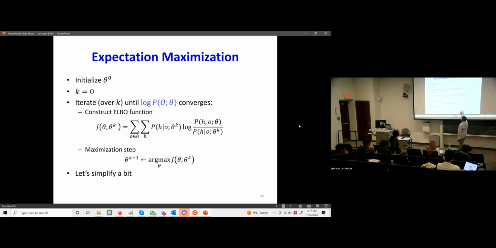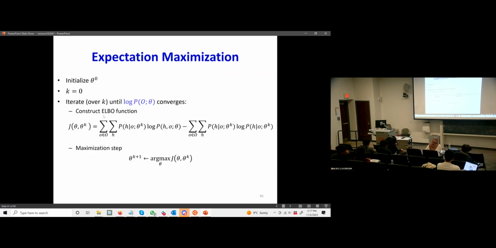And now observe that there's a log of P of H divided by P of H given O. But the denominator is not a function of theta, right? So if I actually expand it out, it's going to be the sum over all observations of the sum over all h's of P of H given O with the current estimate of theta times log of P of H comma O with the variable theta.